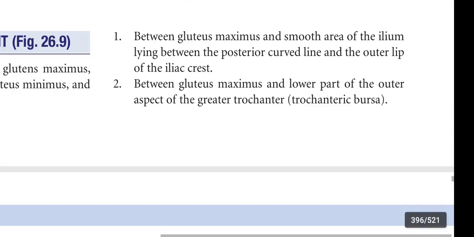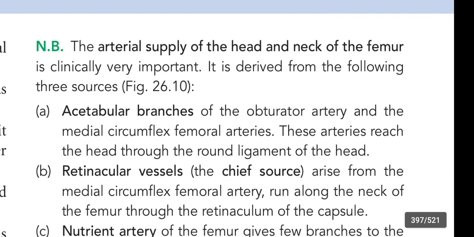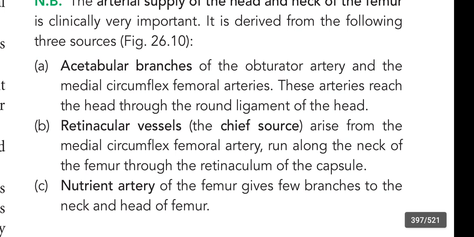See it once again. Note, the arterial supply of the head and neck of the femur is clinically very important. It is derived from three sources: acetabular branches, retinacular vessels, and nutrient artery.